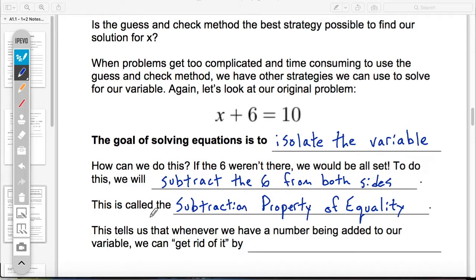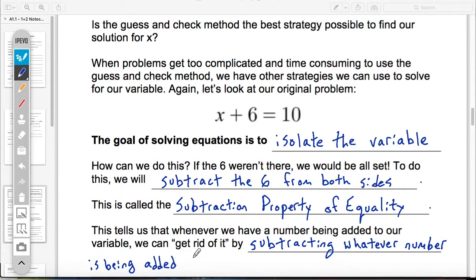Okay, this tells us that whenever we have a number being added to our variable, we can get rid of it by subtracting whatever number is being added to the variable from both sides. Great. Pause the video if you need more time.